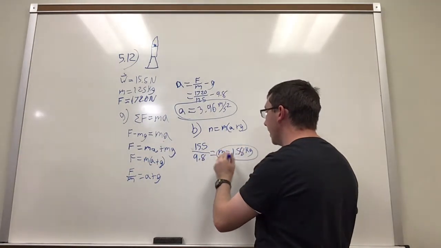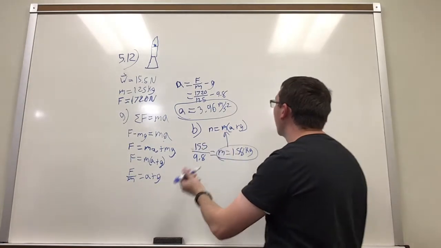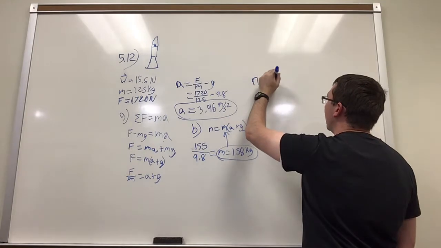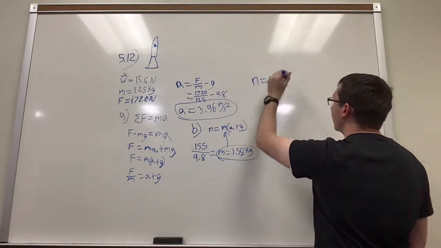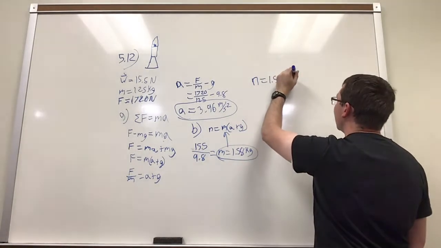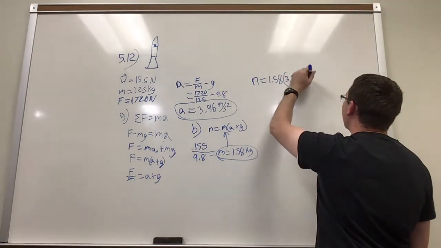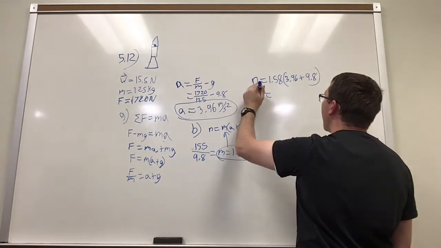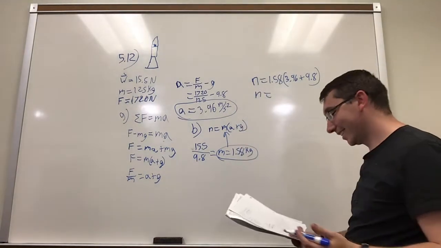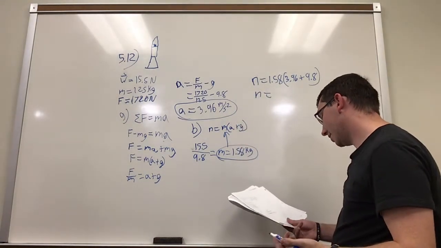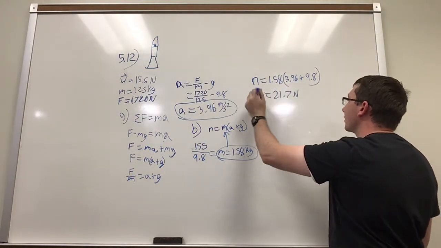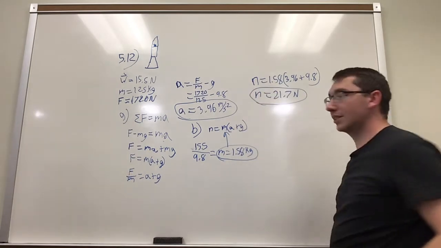So that's going to be the mass that we put in there. So the normal force is going to be equal to 1.58 times 3.96 plus 9.8. When you do the math, you get an answer of 21.7 newtons for the force that's acting on the box.